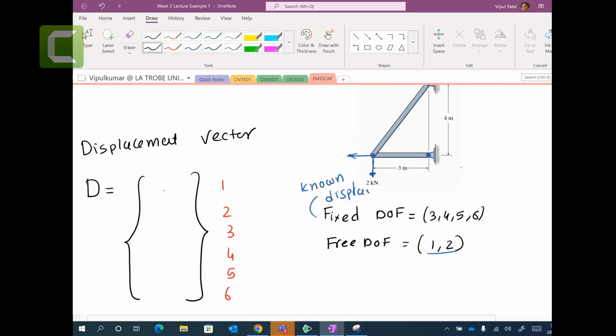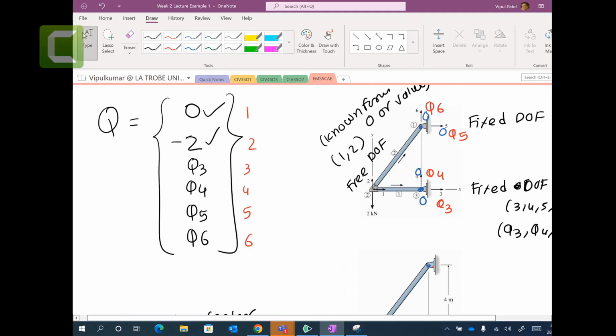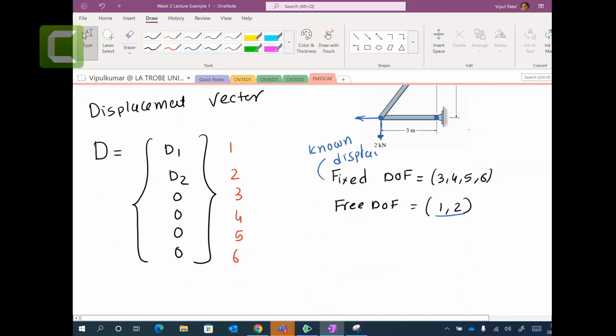So D1 and D2 are unknown, but D3, D4, D5, and D6 are known, which is 0. All these known ones are 0. I hope you understand this, which is quite opposite to your known forces.